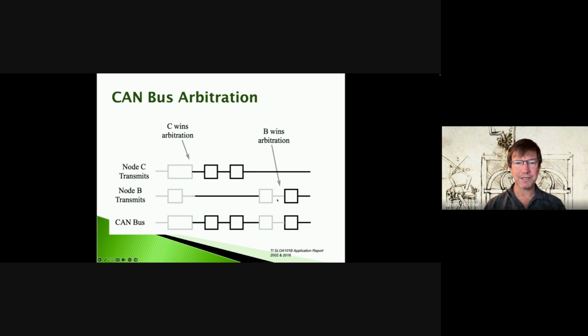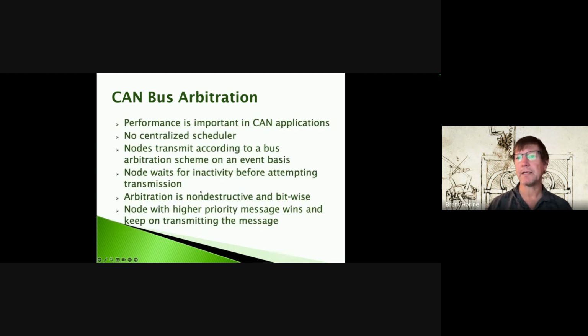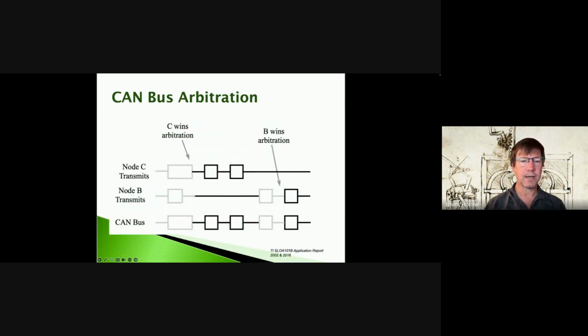There's no one else that's conflicting, so when it goes quiet, it doesn't hear anyone else, so then it starts talking. So this is what we mean when we say that arbitration is non-destructive and bitwise. C here is winning this arbitration bitwise, but it doesn't lose any bits in this process, right? It just wins and then starts transmitting the data payload.